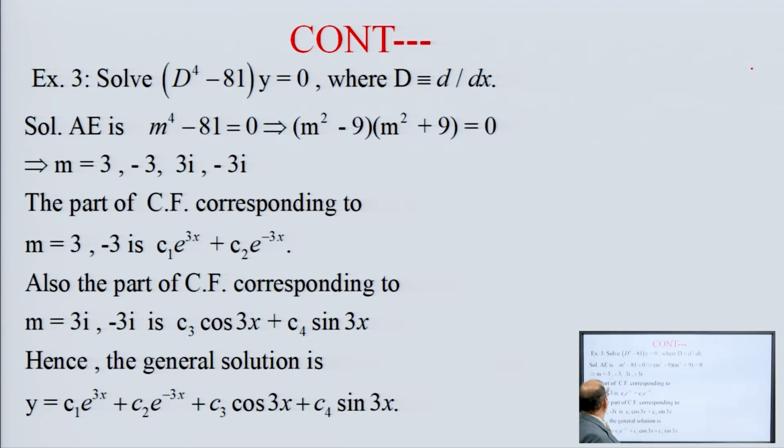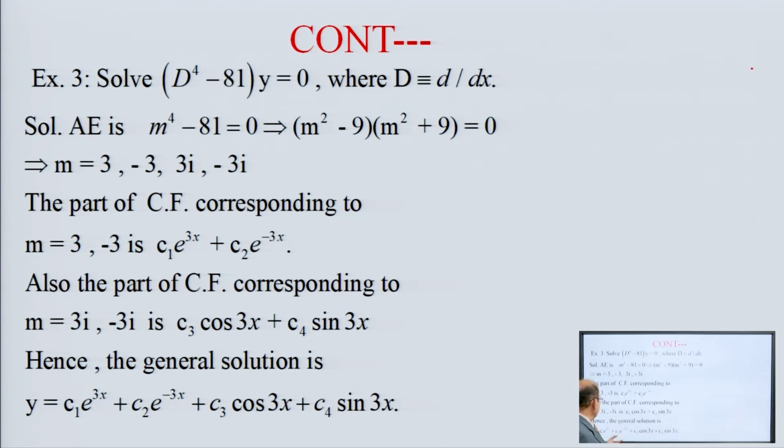The part of CF corresponding to real m, meaning m is equal to 3 and minus 3, is C1 e raised power 3x plus C2 e raised power minus 3x. Also the part of CF corresponding to 3i and minus 3i is C3 cos 3x plus C4 sin 3x.